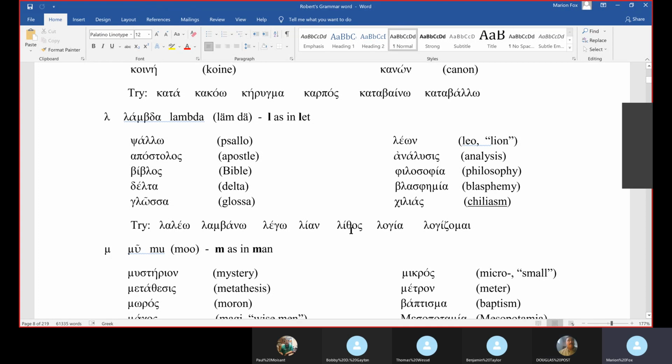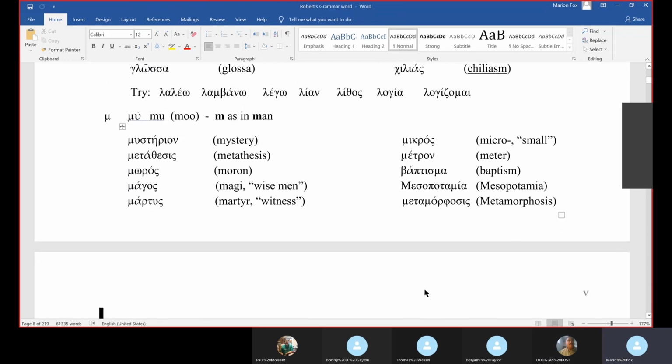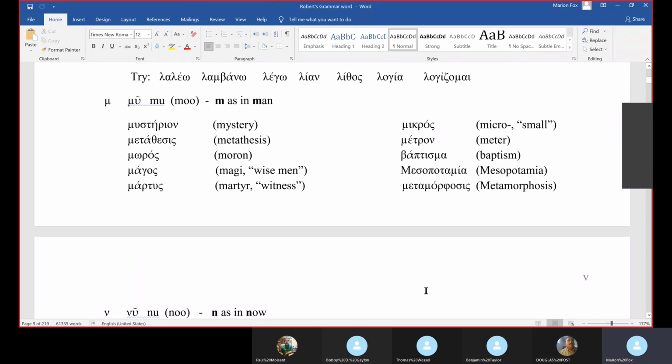Lithos is a stone, but it's a shaped stone. Logia is a saying, a small saying. Logizomai is to reckon or to put things in an order or a list, right? You're a person who's writing a tally book or something like that.